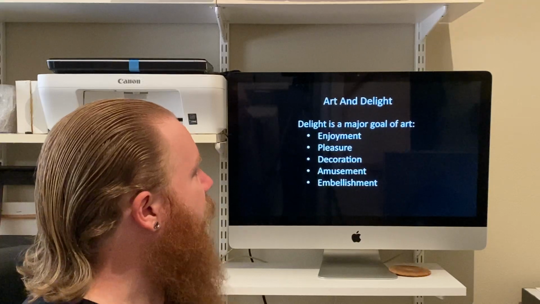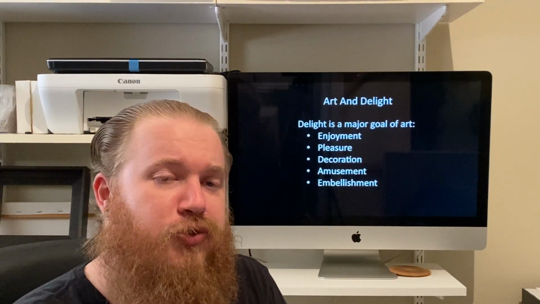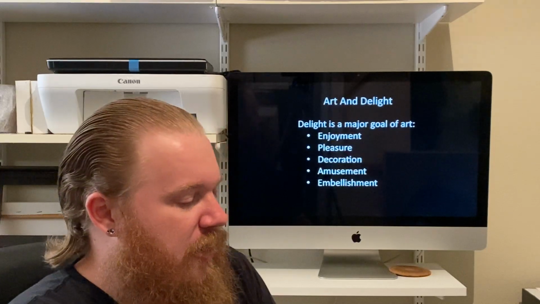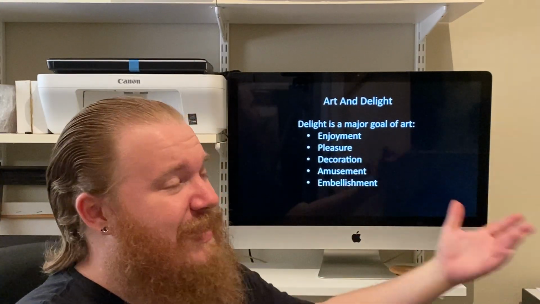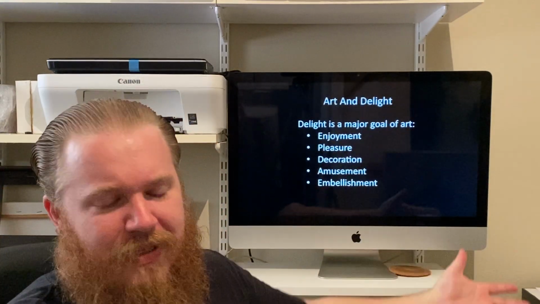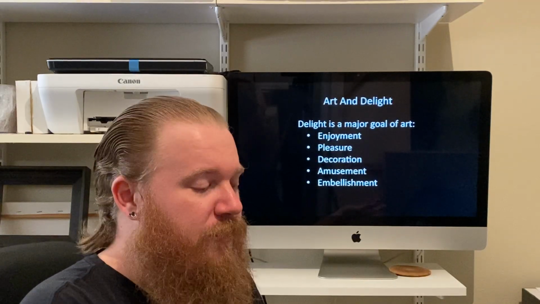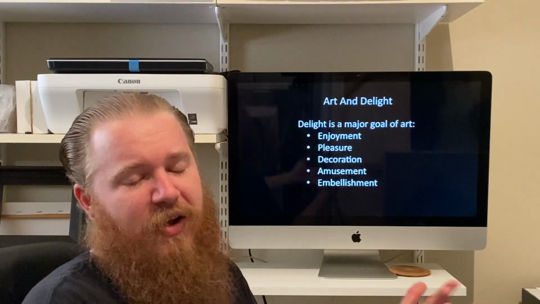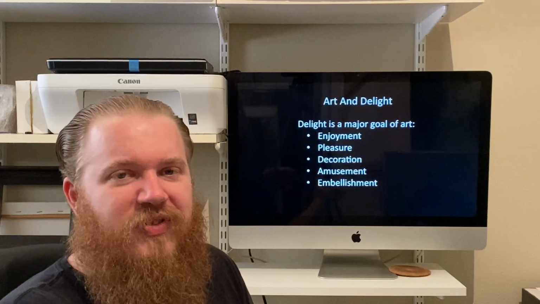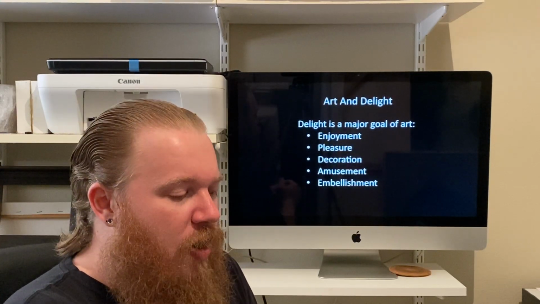So, art and delight. Delight is a major goal of art. It brings us enjoyment as an aesthetically pleasing object. So, a painting on a wall can provide us enjoyment that way. It can be pleasurable. So, if the subject matter is very pleasing, like a floral still life or something like that, it can be very interesting in that regard.